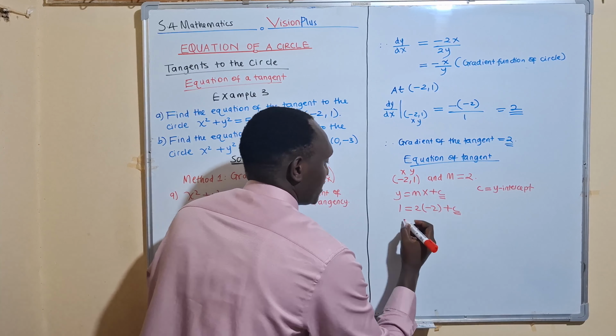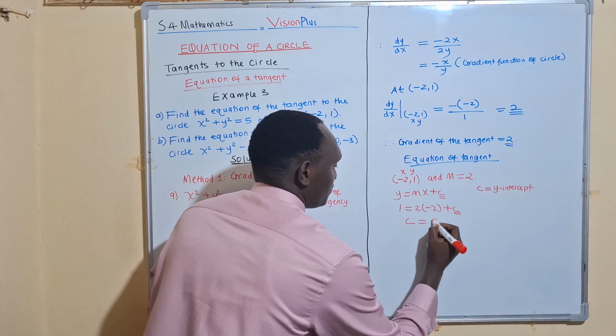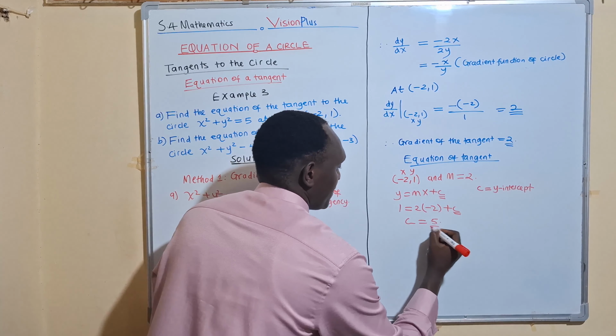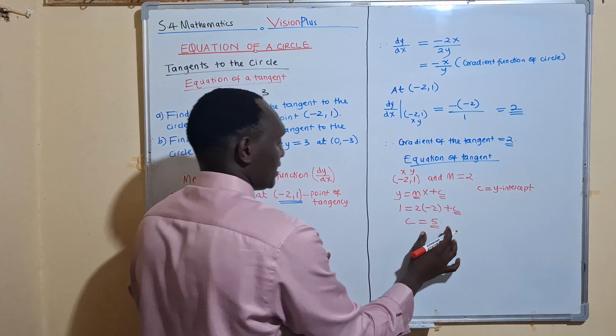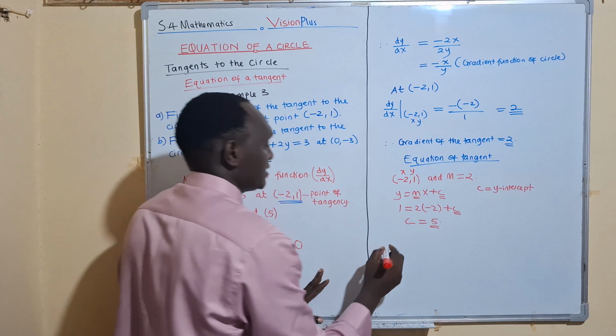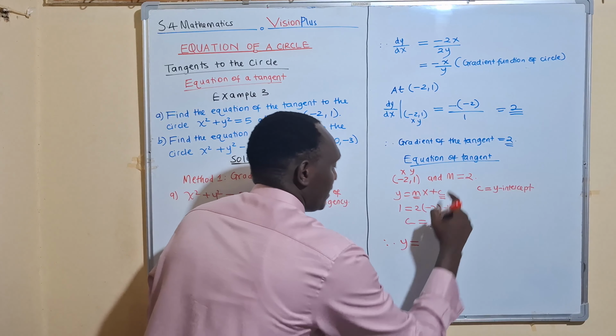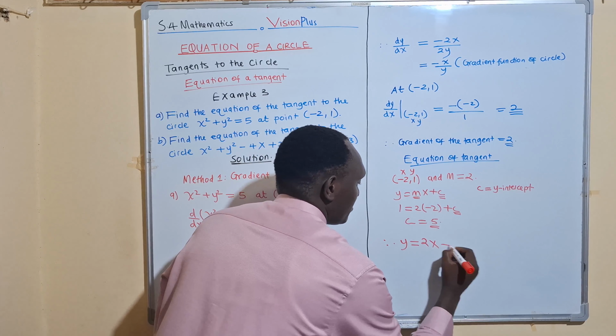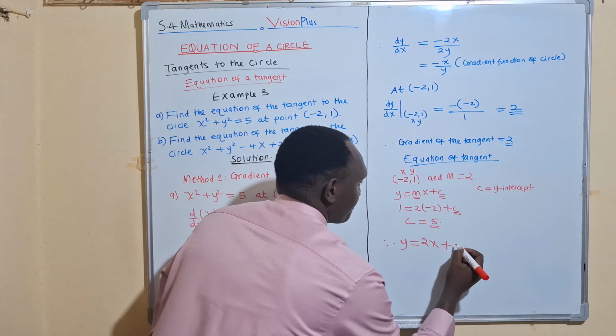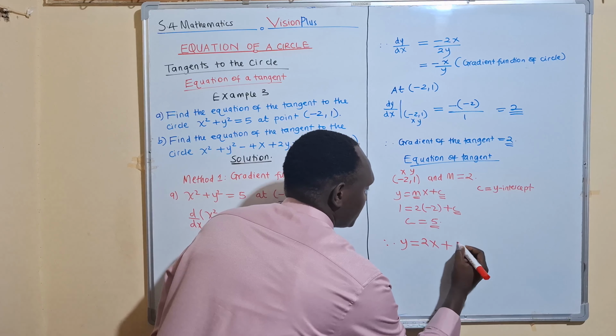When we make c the subject, we find that c equals 5. After getting c, then we substitute for m and c so that we can get the equation of the tangent. Therefore, y becomes, what is m? m is 2, x plus c, plus c equals, c is 5.